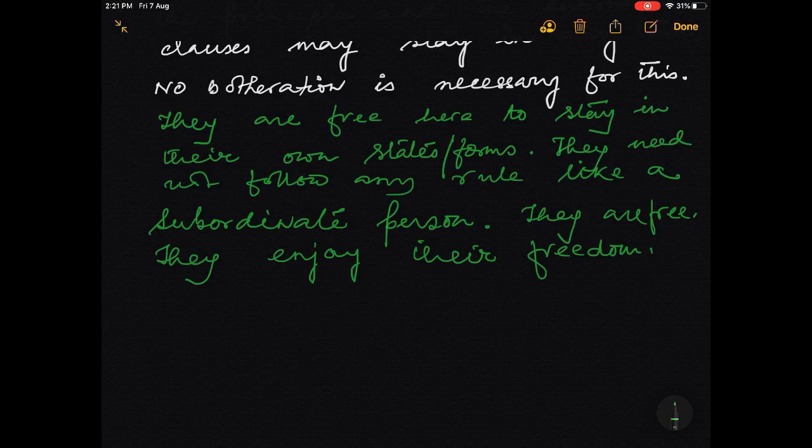So, to change the narration, to change the voice, to form the complex sentences, the three tenses, the present, past and future, and their sequence in a complex sentence must be learned very, very well.